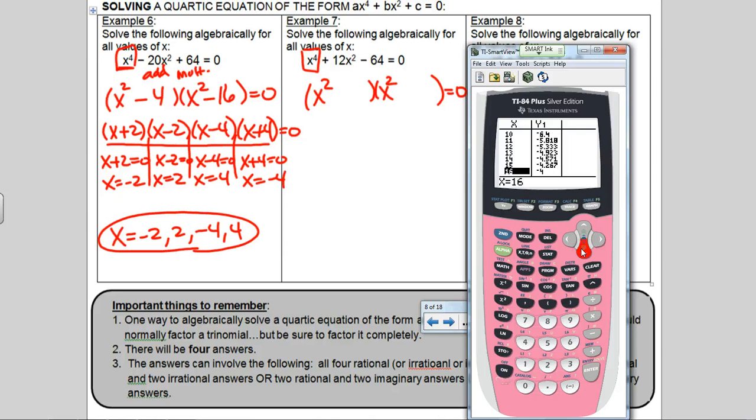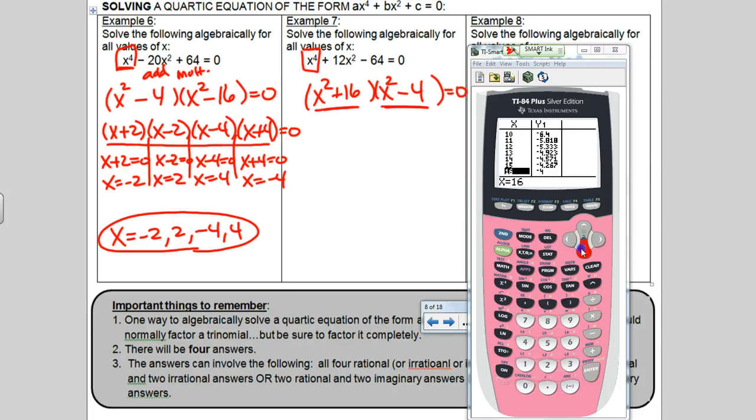Okay, so it's got to be positive 12, so 16 and negative 4. All right, x squared plus 16 is not a difference of squares, but x squared minus 4 is.